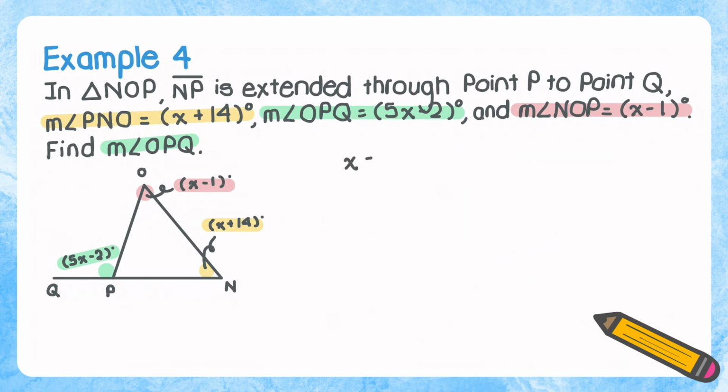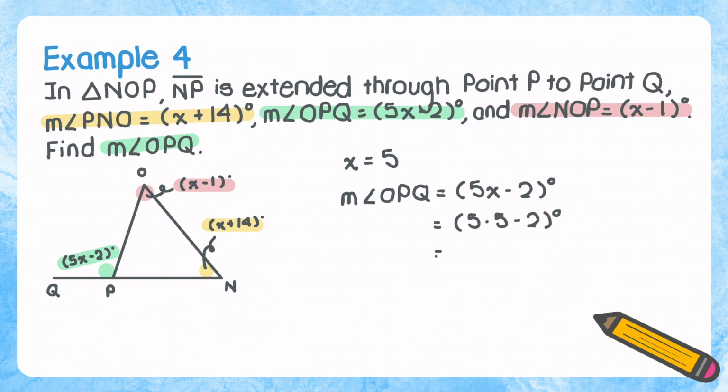So we just found that x equals 5, and we know that the measure of angle OPQ is 5x minus 2 degrees. But let's replace the x with the 5, so 5 times 5 minus 2 degrees. 5 times 5 is 25, minus 2. 25 minus 2 is 23.